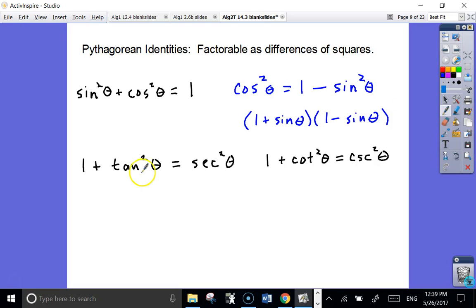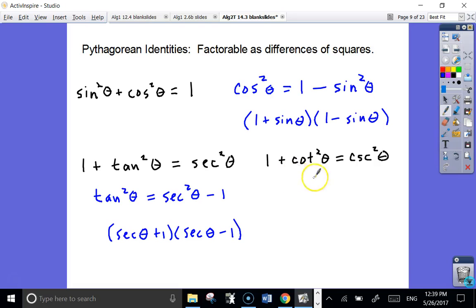Same thing over here. I could subtract 1 from both sides, then I would have tan squared equals secant squared minus 1, and there's another difference of squares. That would be secant theta plus 1 times secant theta minus 1.